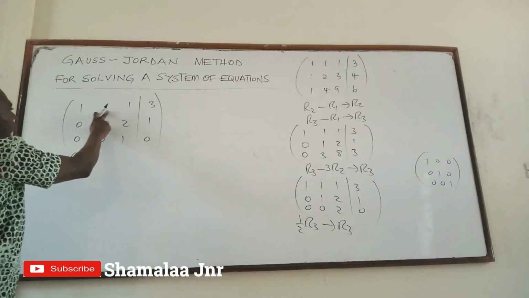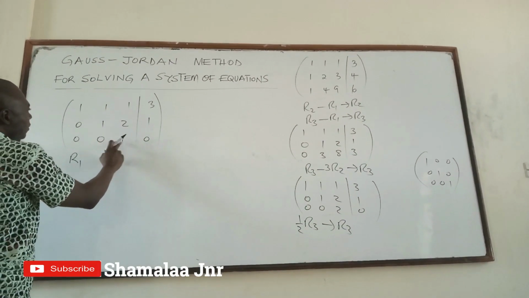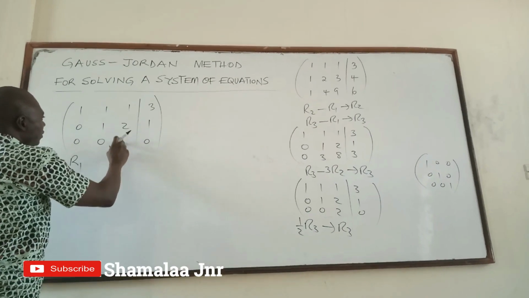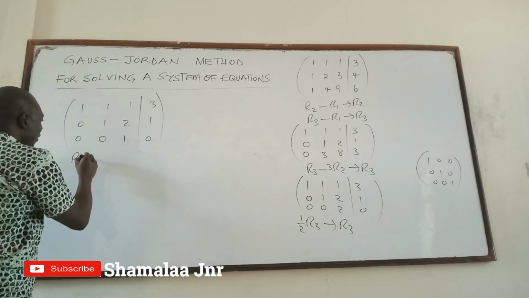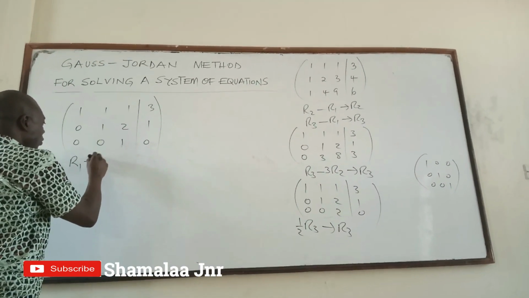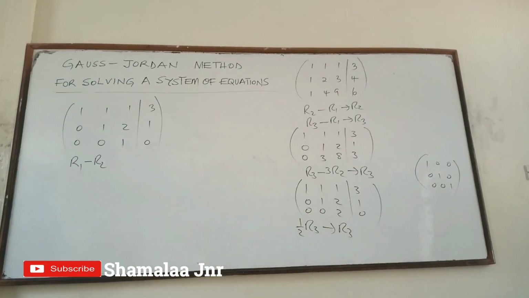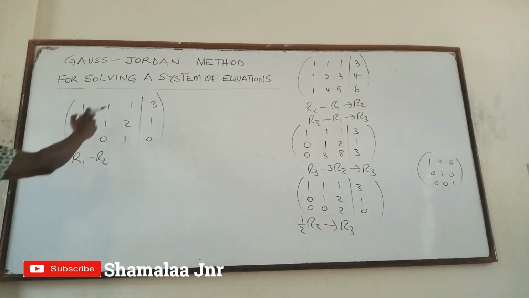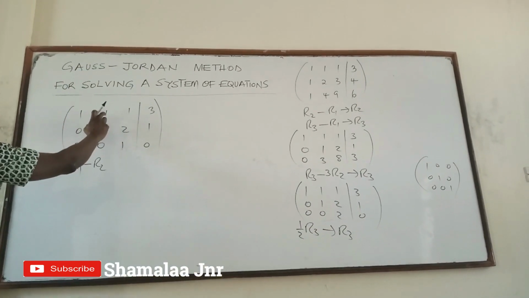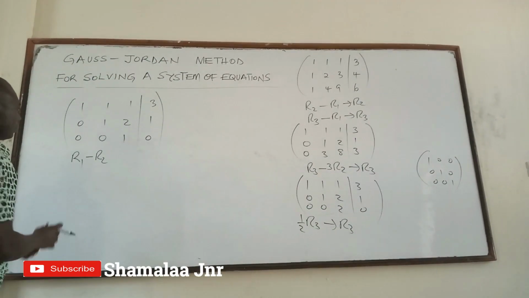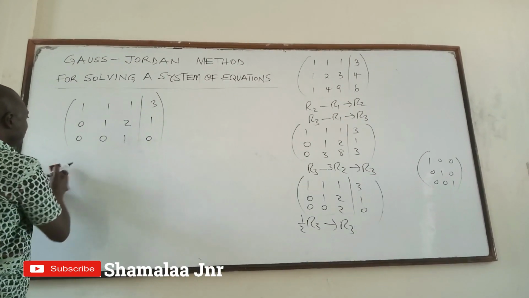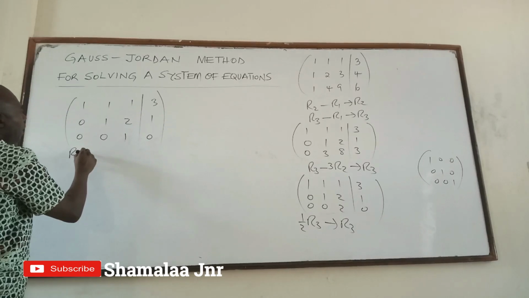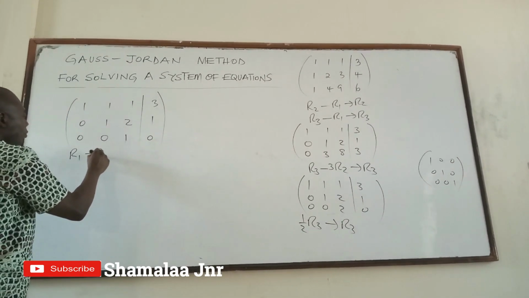No, if you do that, this one will still be there. Well, okay, why don't we change this one? You can change this one to 0, this one to 0. Okay, so row 1 minus row 2. Yes, if you do that, this one will go to 0. Let's do it gradually. We are going to have something like this. So, row 1 minus row 2.